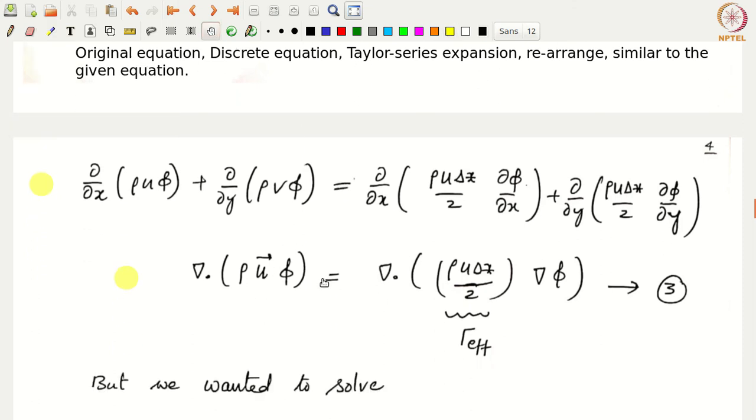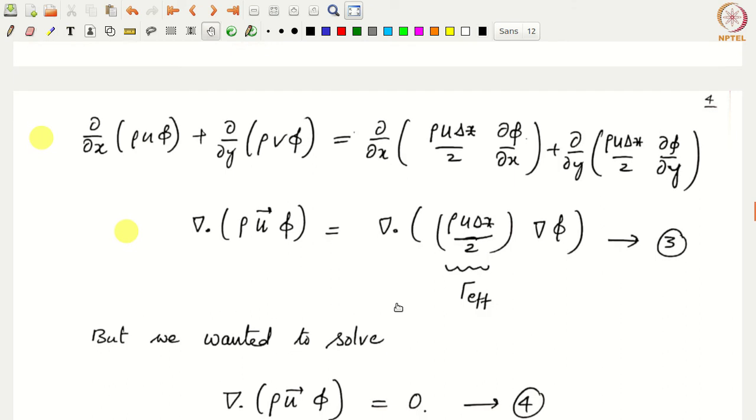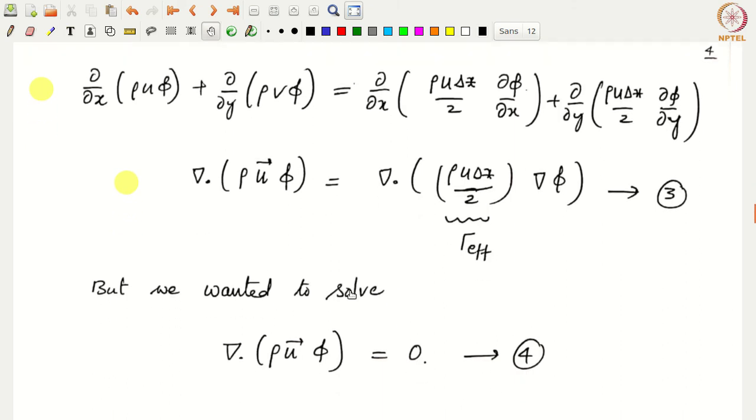This is the convection term, this is the diffusion term. But this is not something that we started off to solve. We wanted to solve the pure convection equation where del dot rho u bar phi equals 0, whereas what we ended up with is this equation 3, which is not the same equation.